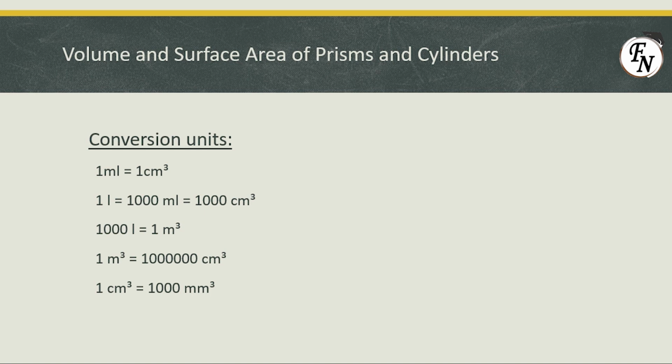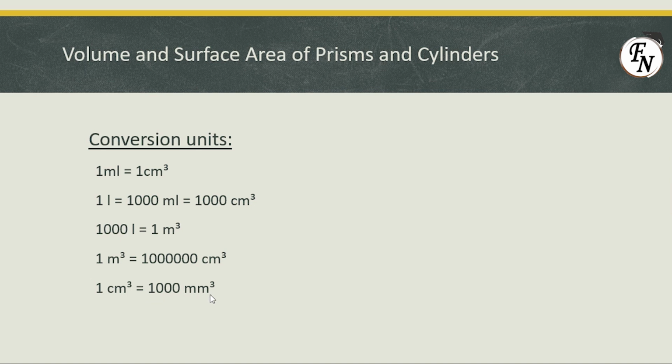So the conversion is 1 milliliter is equal to 1 centimeter cube, and 1 liter is 1000 milliliters or 1000 cm cube, as they are equal, and 1000 liters is 1 meter cube. 1 meter cube is 1 and 6 zeros centimeter cube. 1 centimeter cube is 1000 millimeter cube.